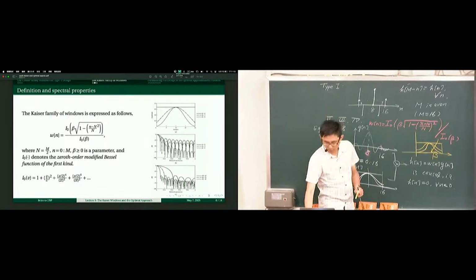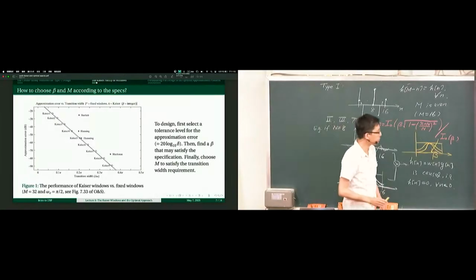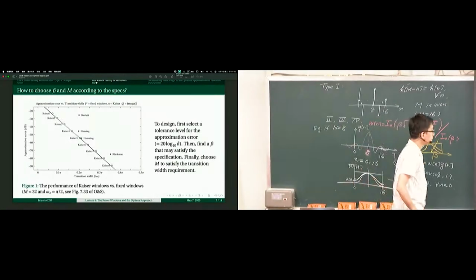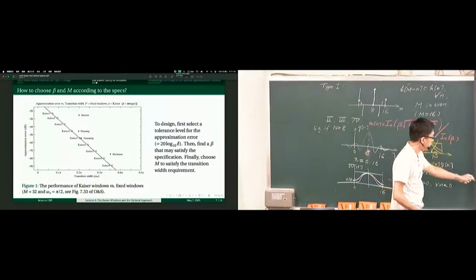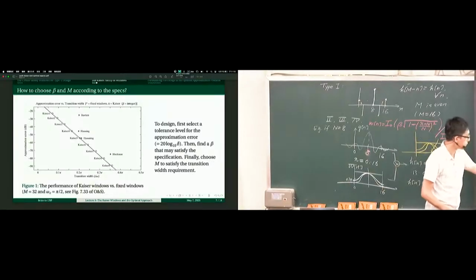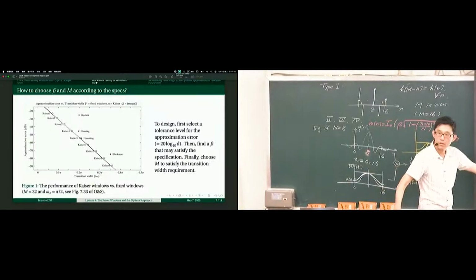Yeah. So the next slide is a pretty surprising plot. This plot is pretty surprising. So how do we read it? This plot teaches us how to choose beta and m. But how do we read it? So first of all, note that on the horizontal axis, that's the transition width. Okay.